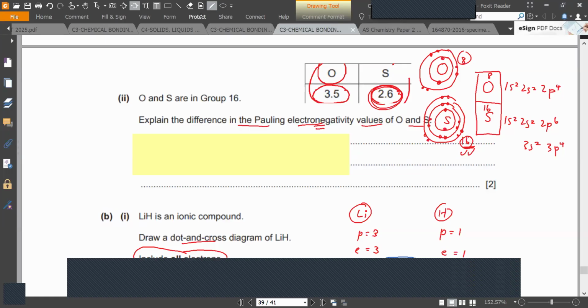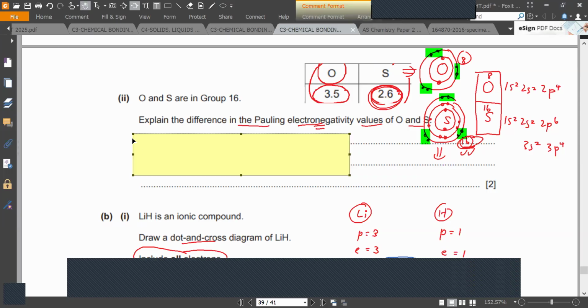For sulfur, the outer electrons are in the third shell, but for oxygen, they are in the second shell. So oxygen is closer to the nucleus, while sulfur is further away from the nucleus. That's why the attraction of the nucleus is less. That is the main reason.